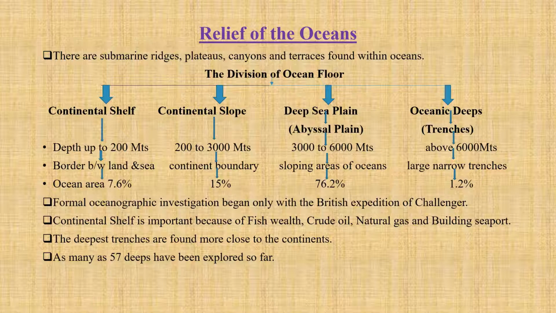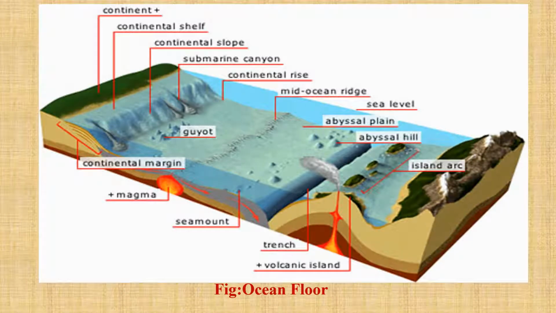To understand the division of ocean floor, now you look at this picture. So here we find the green color shows the continent, and here we find continental shelf and continental slope. Here you can find submarine canyon, and this large part is abyssal plain.